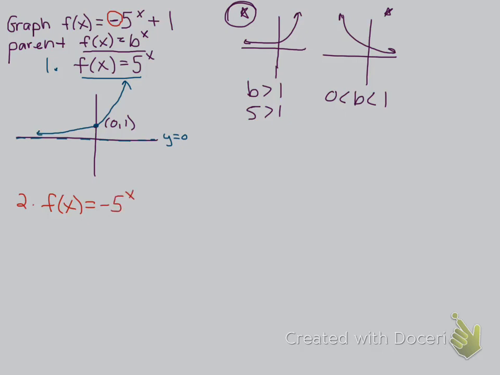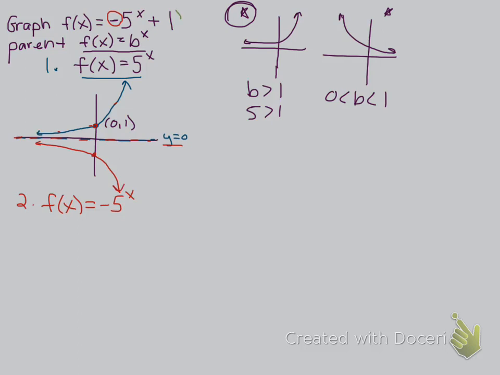So what happens when we do a vertical reflection is our asymptote's going to stay the same at y equals 0, but we're going to take every point that is above the x-axis and reflect it vertically and put it below. So our point that was 0, 1 is now 0, -1, and we'll just reflect everything.